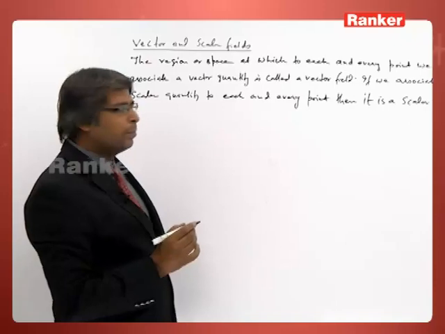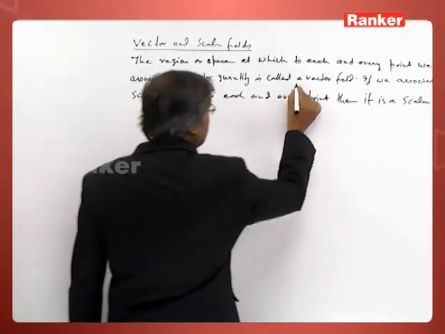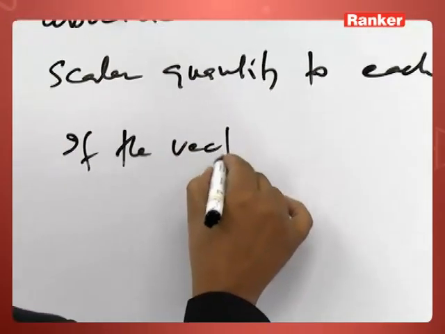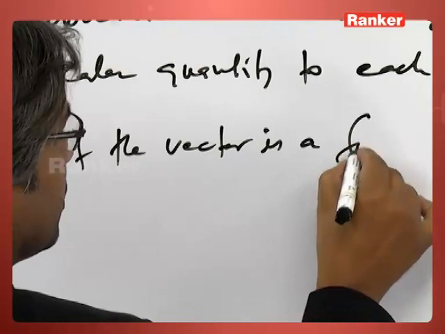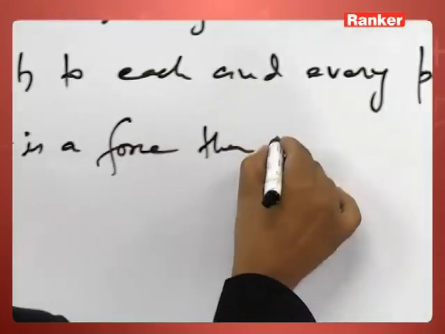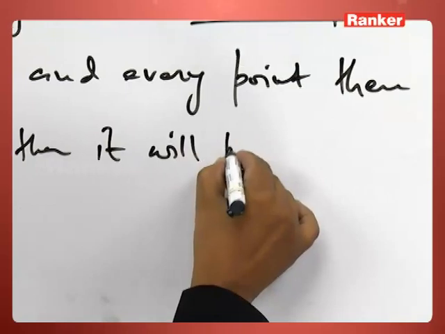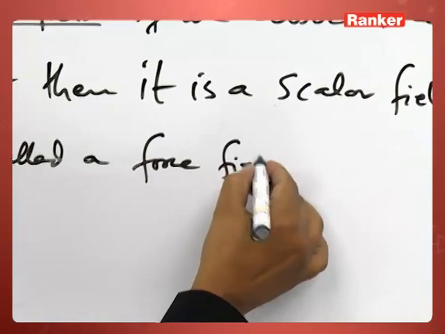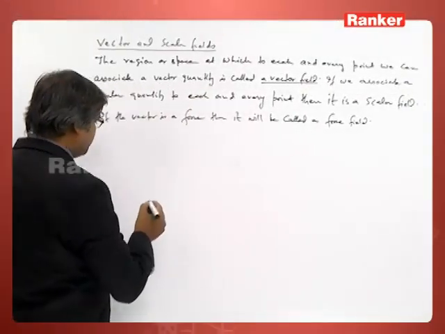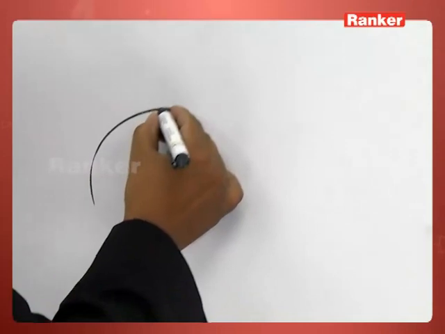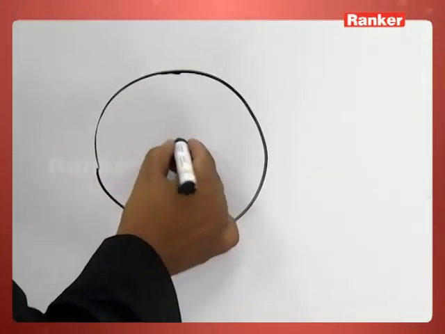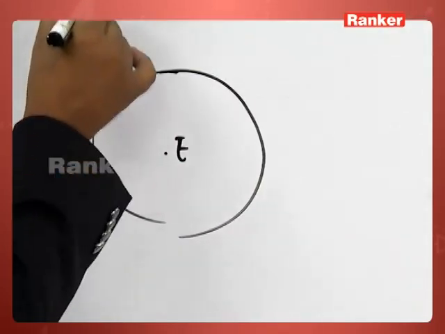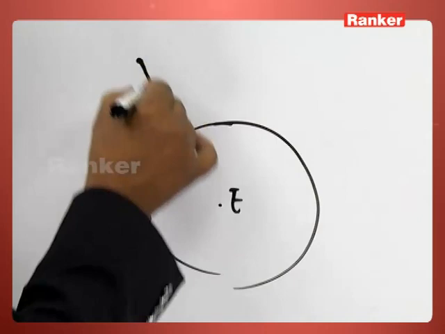So let us take an example. Let us first take a vector field. If the vector is a force, then it will be called a force field. So you see here, this is earth. If I place a body here, it will be attracted towards the earth, and so there will be a force vector.